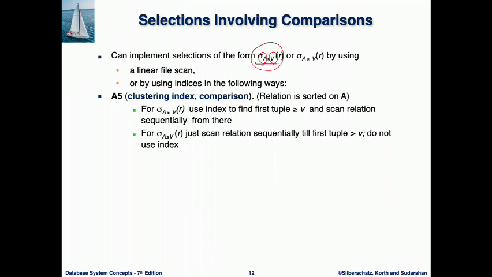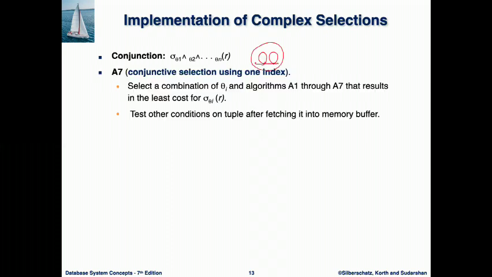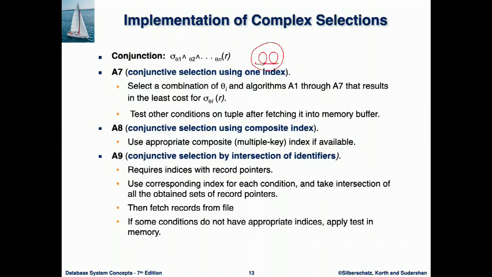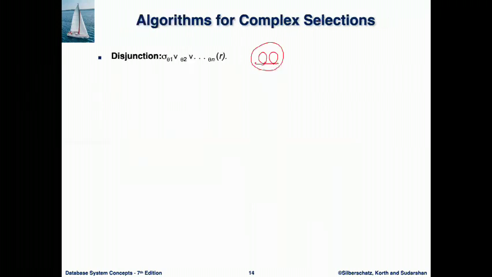Otherwise, you read all of the records. And we also talked about conjunctive queries, how to support this. Are we going to use set intersection, or are we going to use just one index to find a set of records and then do some further screening by evaluating some other conditions? These are the kind of things that we covered the last time.